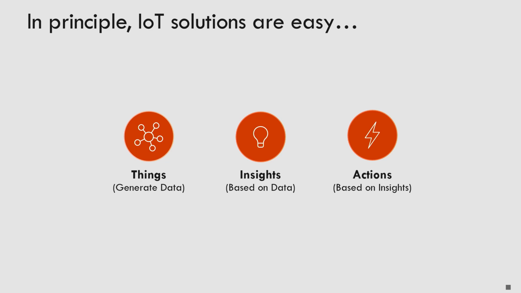And once you gain an insight, you want to do something with it, take an action. You want to take an action by integrating with your line of business applications, or you could be performing maintenance, or you could be doing a proactive or predictive analysis. So use this to ground yourself when you're trying to build an IoT solution. It should have 3 different components: things, insights, and actions. Things generate the data. Insights will run on top of it to get you the insights, and then you're going to take an action from the insight that you just gained.